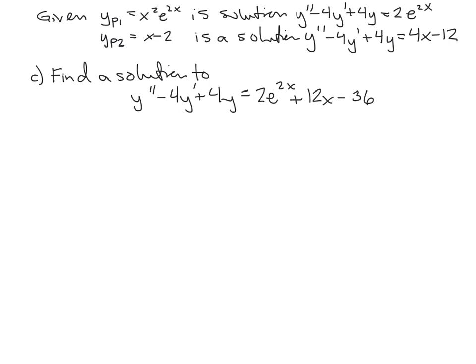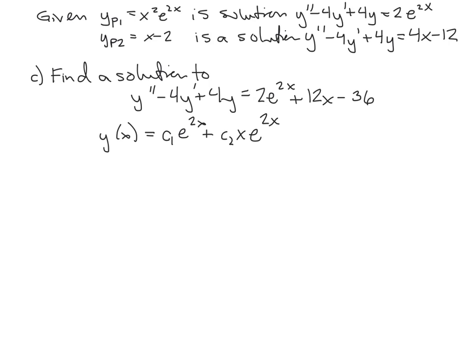Okay, so if you look back to what we did, we used superposition to take the fundamental set of solutions first. That was the general solution we got from part B: C1 e to the 2x plus C2 x e to the 2x.